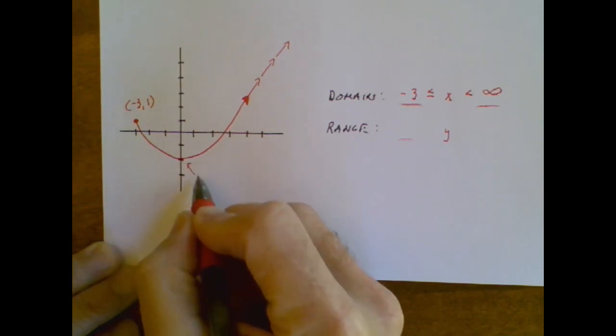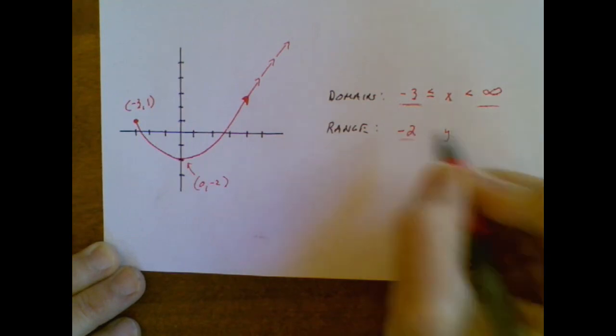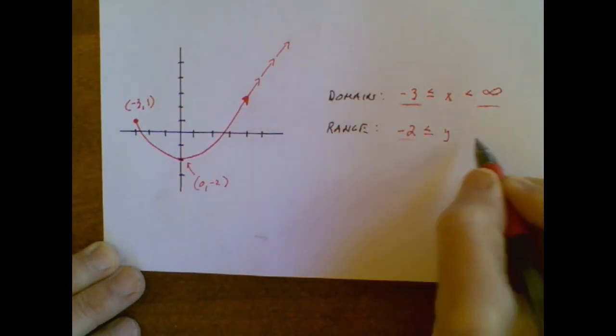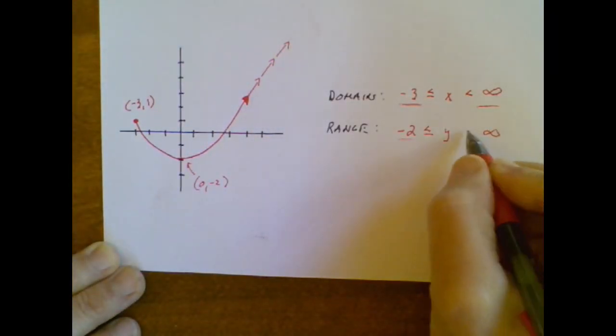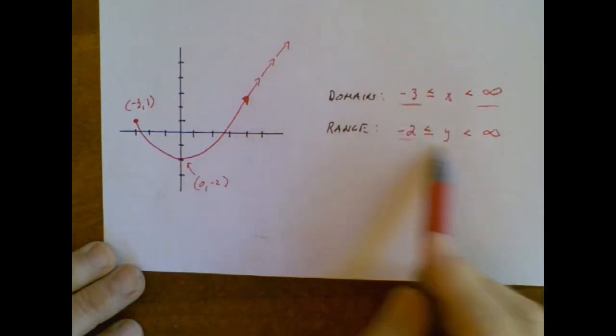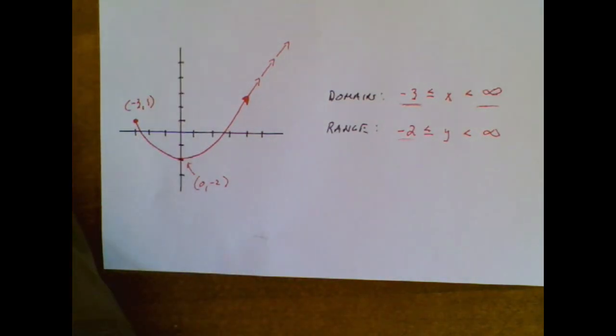So that point right there, 0, -2, tells me the smallest y value my graph will encounter is -2. And since it's going to go upward forever and ever and ever, it's heading to infinity. So this is math language for what are all the possible x and y values of that graph.